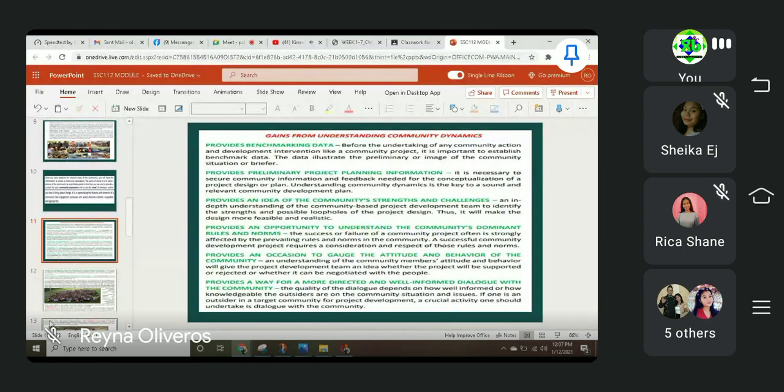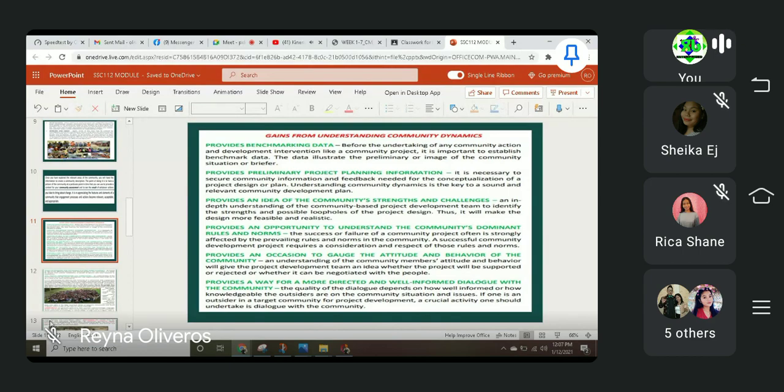Okay? Then, it provides an opportunity to understand the community's dominant rules and norms. The success or failure of a community project often is strongly affected by prevailing rules and norms in the community. 'Di ba? A successful community development project requires consideration and respect of those rules and norms. Okay?